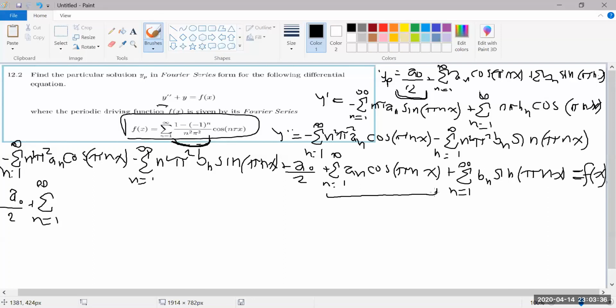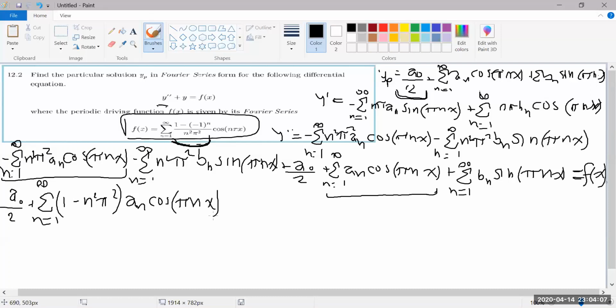If we were going to factor your a sub n, your cosine term out, you'd be left with a positive 1. Then for our next cosine term, we have a negative n squared pi squared for our coefficient, and then we can pull out an a sub n, and then our cosine term, cosine n pi x.